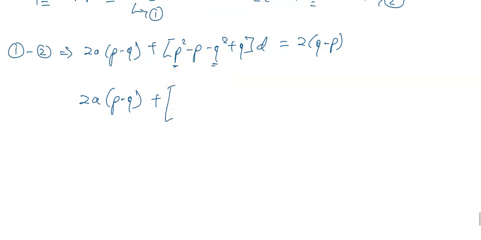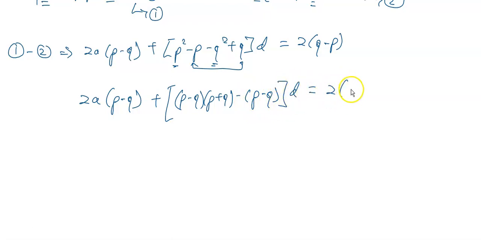Let's write a step: p minus q into p plus q, and from these two terms we can take the minus sign common, so that is p minus q into d is equal to 2 times q minus p.